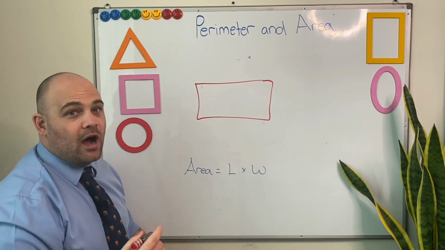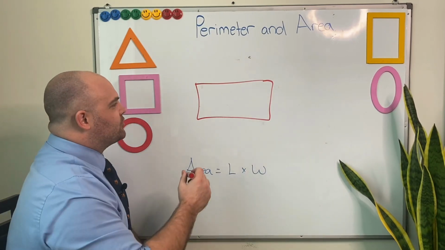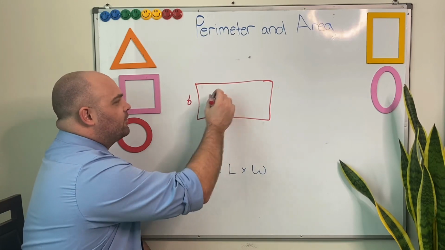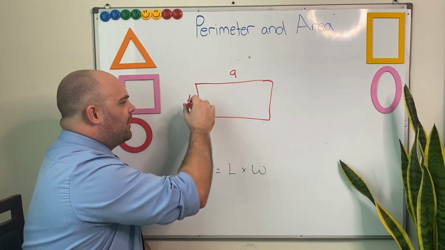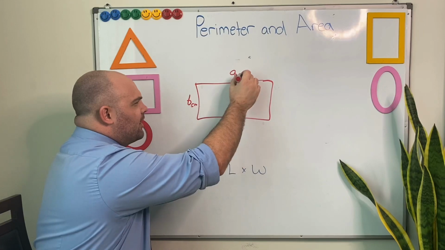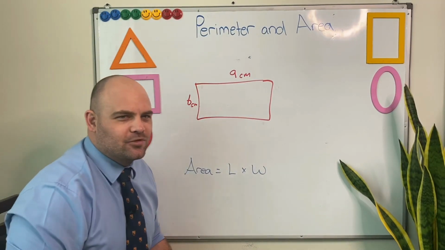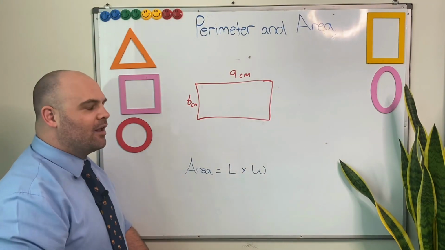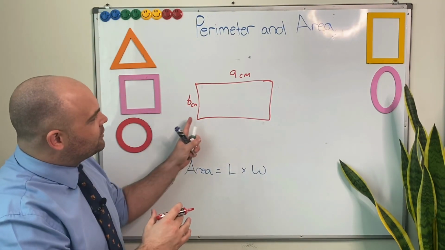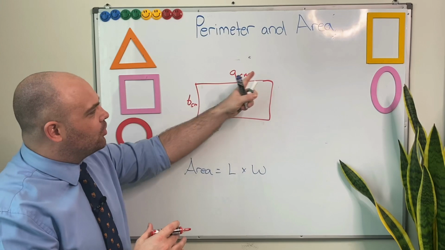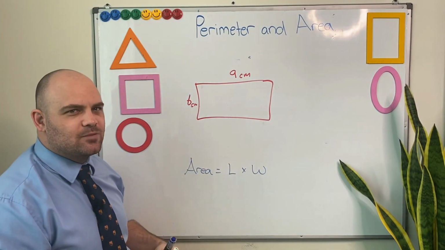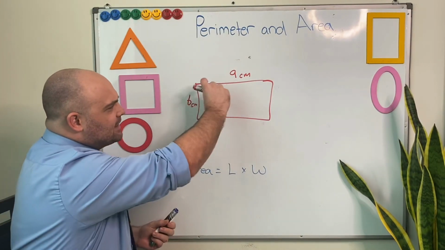Well, I know that picture frames come in shapes that are rectangles, usually 6 by 9. 6 centimeters by 9 centimeters is a picture frame shape that we often come into contact with.